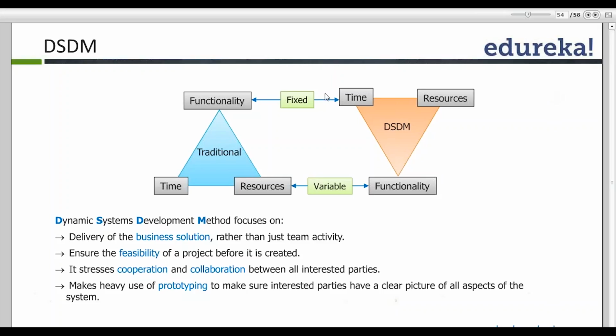In a DSDM model, my time and resources are fixed and my functionality is variable. So the scope is varying in DSDM. One of the key things in DSDM is the heavy use of prototyping. So we use a lot of prototyping as a part of the DSDM model. Time and resources are fixed. Functionality is kept variable.